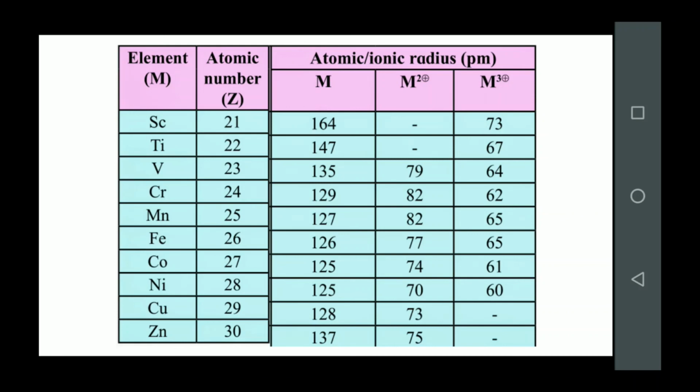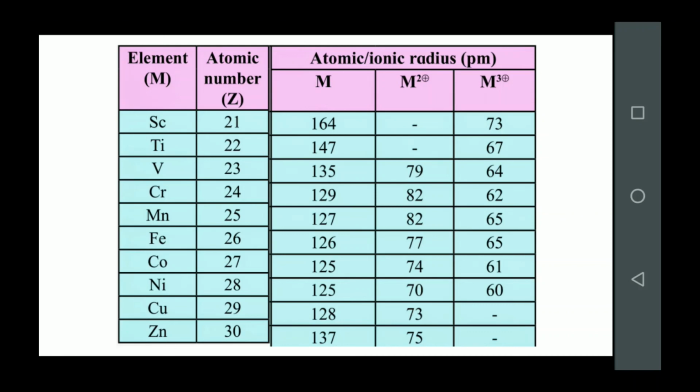When you move from +2 to +3 oxidation state, the nucleus is becoming more and more powerful. Again, the number of protons is still 23, but the number of electrons has reduced to 20. So again the size will decrease. You can observe the same trend of decrease in ionic radii for all the different elements, chromium, manganese, whichever you want to take.